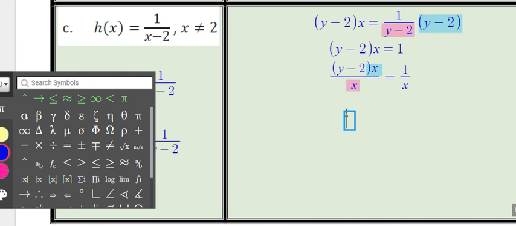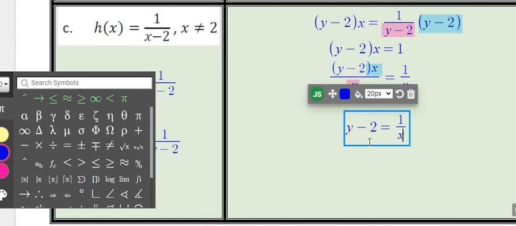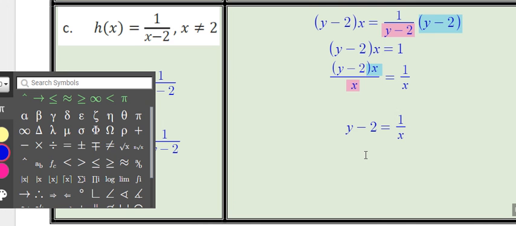So now all we're left with is y minus 2 equals 1 divided by x. Now, the last thing to do to get y alone is to get rid of the negative 2. So we add 2 to both sides. So y equals 1 divided by x plus 2.